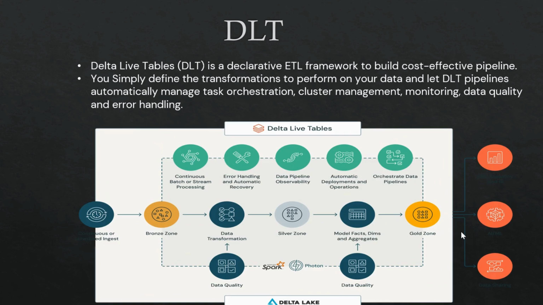So all the continuous, batch and streaming processing, error handling, data pipelines, automatic deployments and orchestration are handled by DLT as the data flows from bronze to the gold layer.